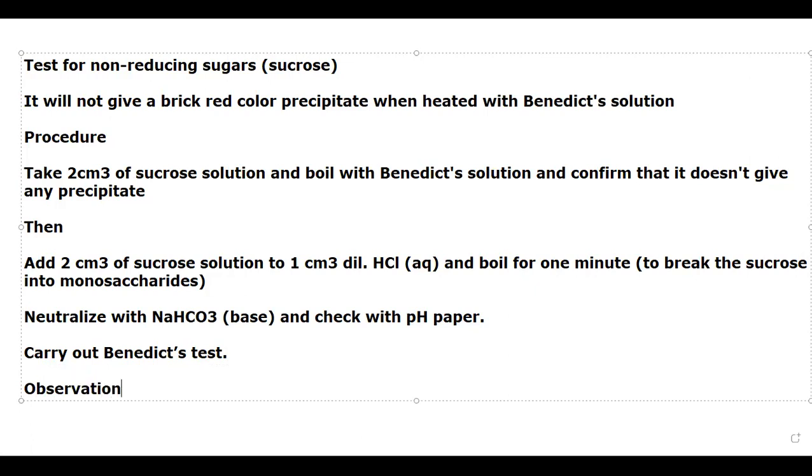Observation. Now it has broken into monosaccharides, right? Yes, sir. Will it now give a brick red color precipitate? Yes.